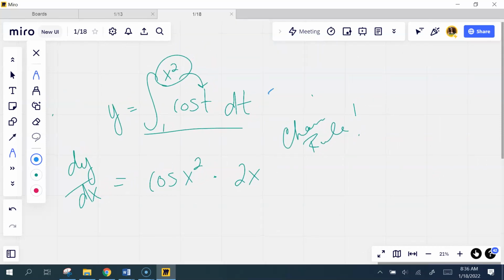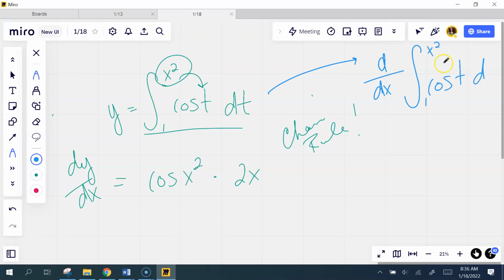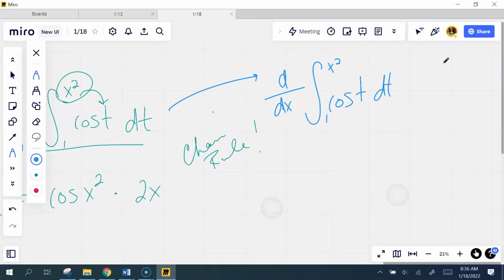I'm finding the derivative of the integral from 1 to x squared of cosine t dt. So what we're doing is finding the derivative of the antiderivative, which we said was sine t, evaluated from 1 to x squared.